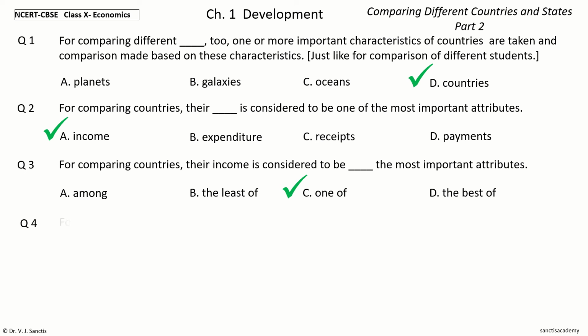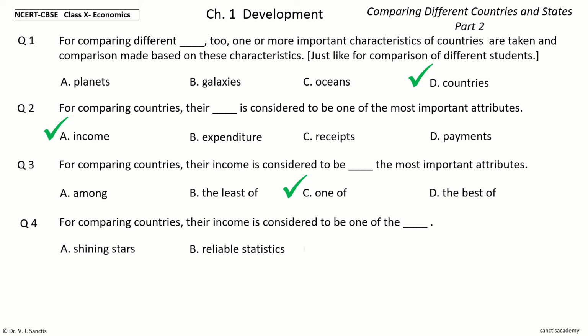Question 4. For comparing countries, their income is considered to be one of the dash. The options are shining stars, reliable statistics, directive indicators, most important attributes.